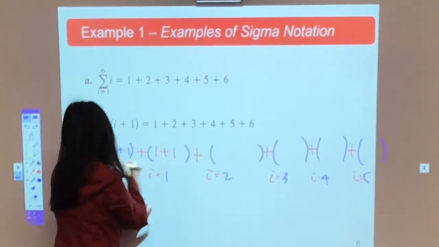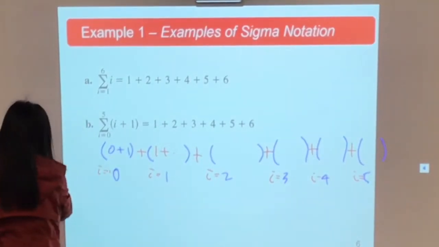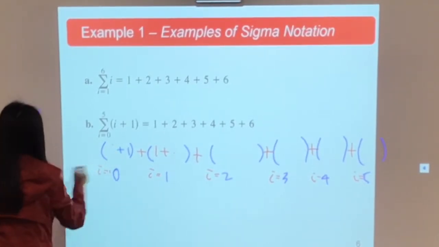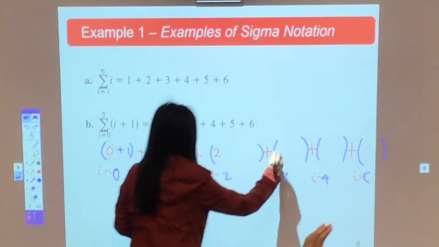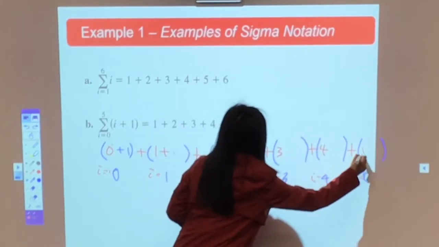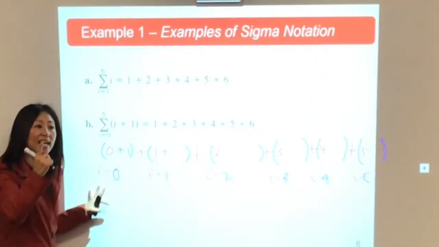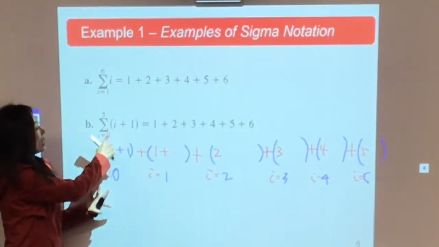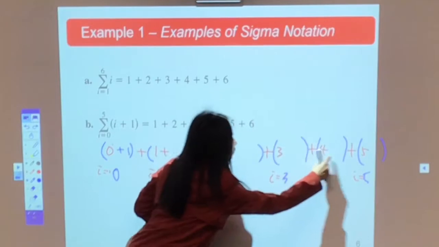What's next? 2 plus 1. I'm going to use i as 0 in red color. It's 0, 1, 2, 3, 4, 5. It's very easy. I changed i to a red color. So i is 0 through 5.